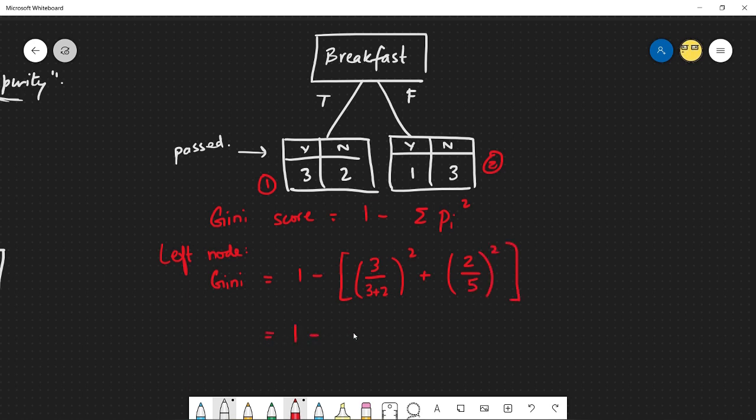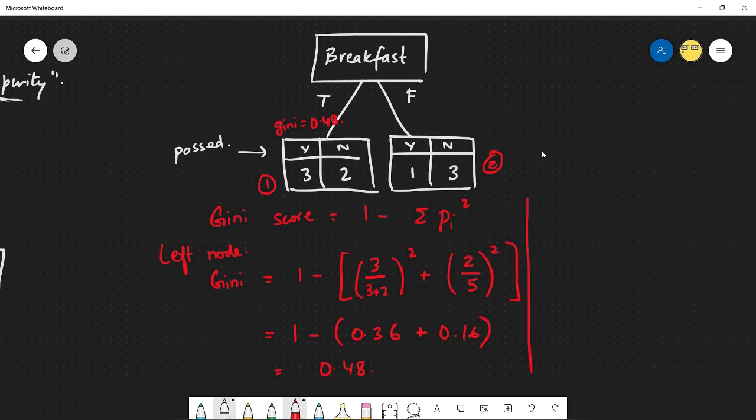And that will give us 0.36 plus 0.16, and finally you'll get a Gini score of 0.48. That's the Gini score of the left node here. So I'm going to say Gini is equal to 0.48.